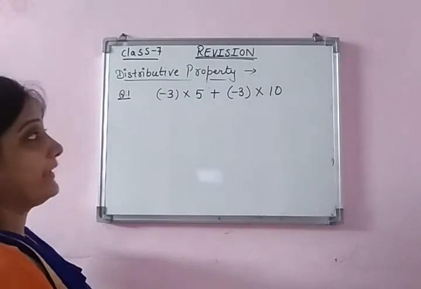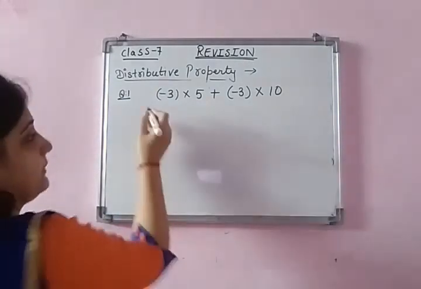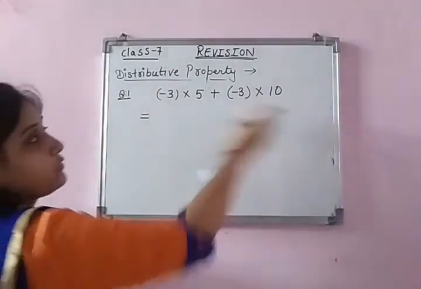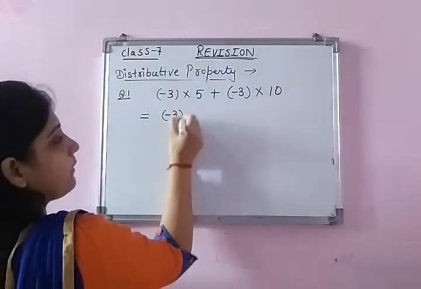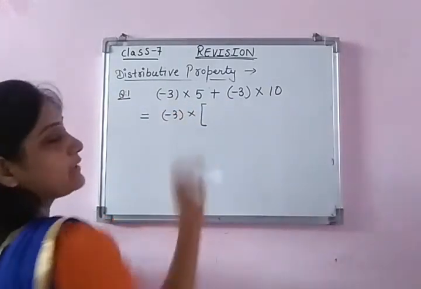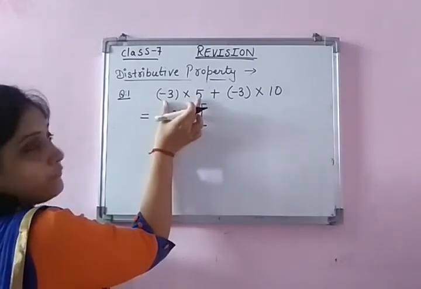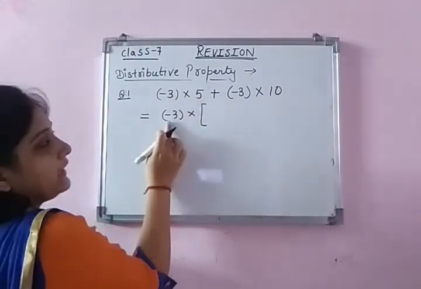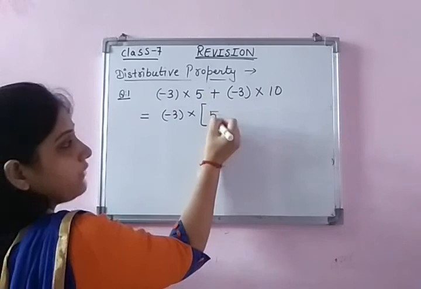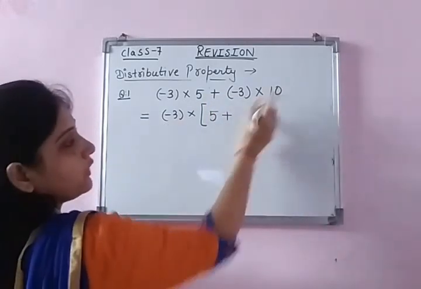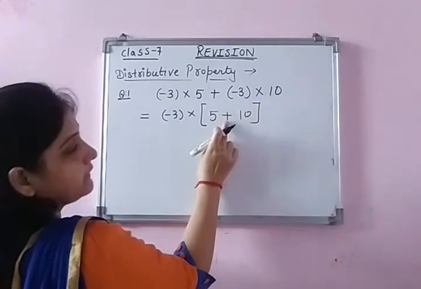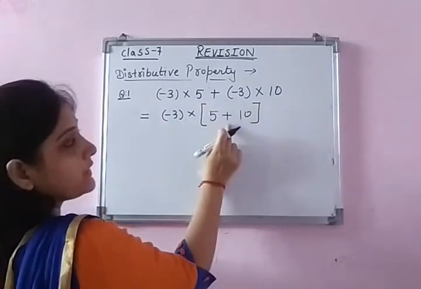Common means whatever number comes 2 times or 3 times. So -3 comes 2 times. Let us take it common. Now what is left inside the bracket? From the first term we have taken -3, so what is left is 5 plus. Out of this also we have taken, so what is left is 10. And the sign in between is positive.